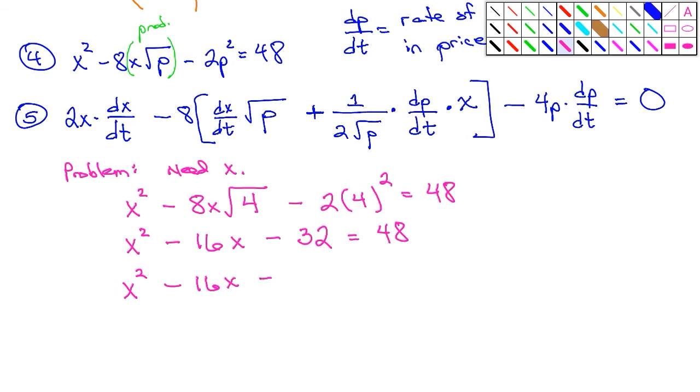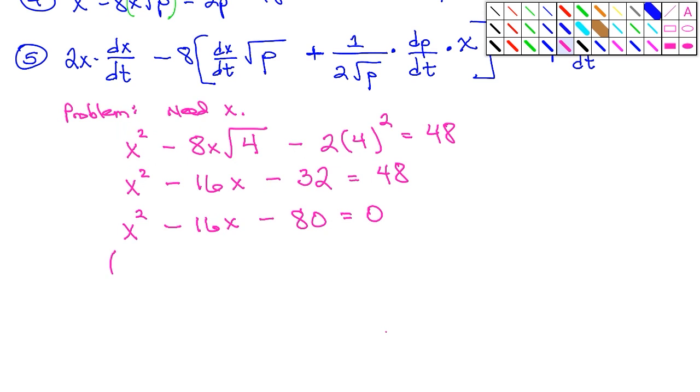So 32 and 48 is 80. So that's going to be minus 80 equals 0. This factors with x and x. And then what two numbers multiply to give you 80 and subtract to give you 16? That would be 20 and 4. The 20 is negative, the 4 is positive. And then when you set these equal to 0 and solve, you get x equals negative 4 and x equals 20.